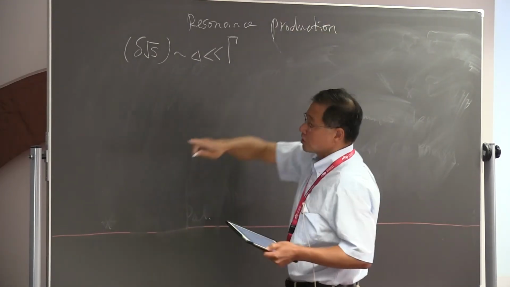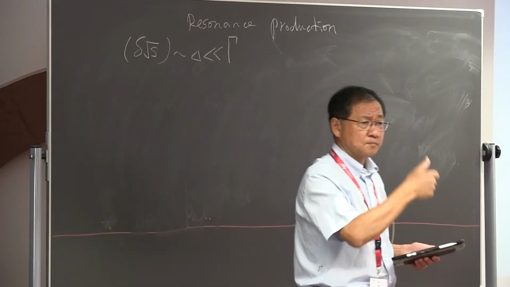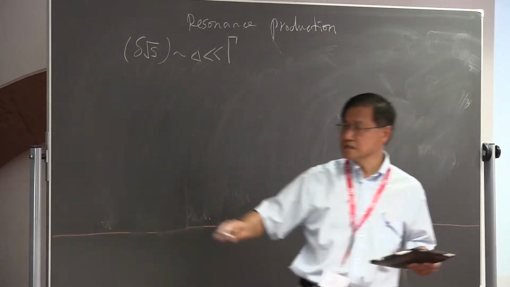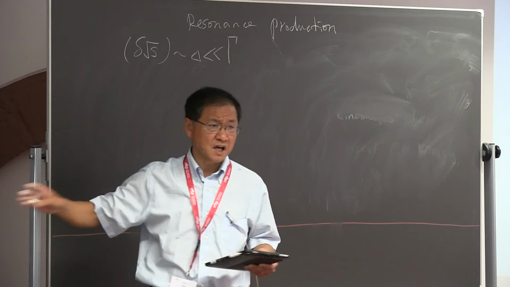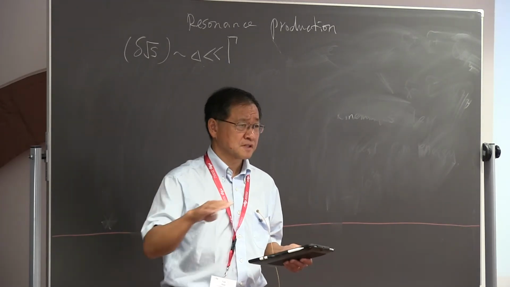Obviously, this argument is only most relevant if you produce a narrow particle. If you produce a pair production spread out, this convolution will not change the cross-section too much because the function is very flat.